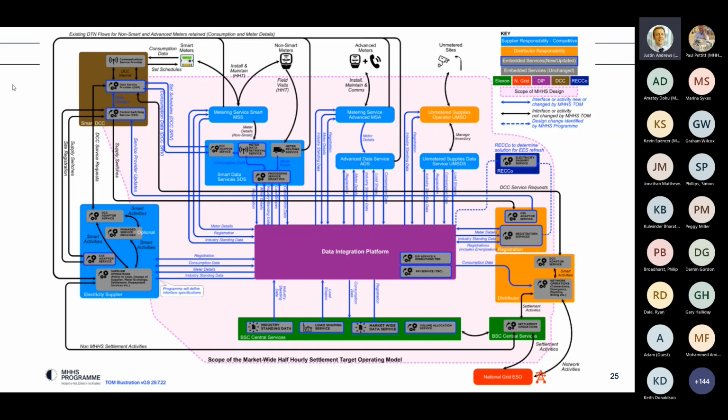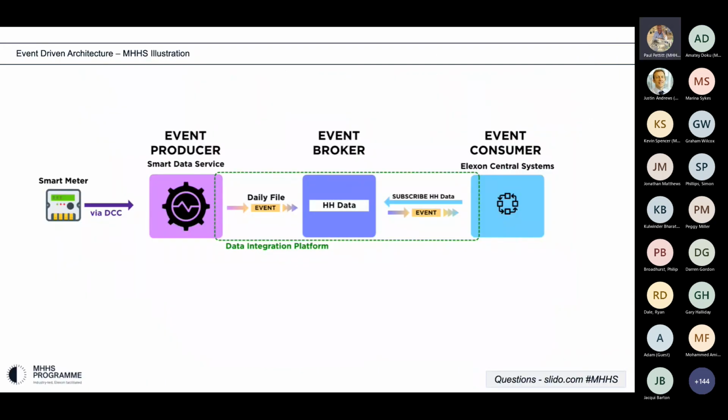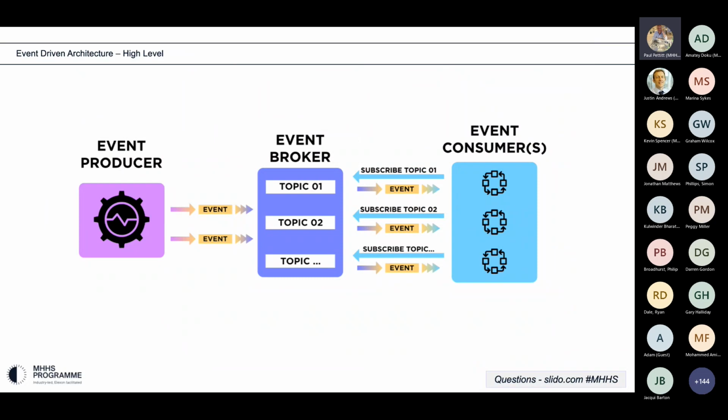Any other top ones, Amity? The next one is on the DIP, how will parties get notified of new or changed events? They can subscribe to basically a webhook. So as messages are put on a queue, they will basically get an acknowledgement, or that will trigger an event.